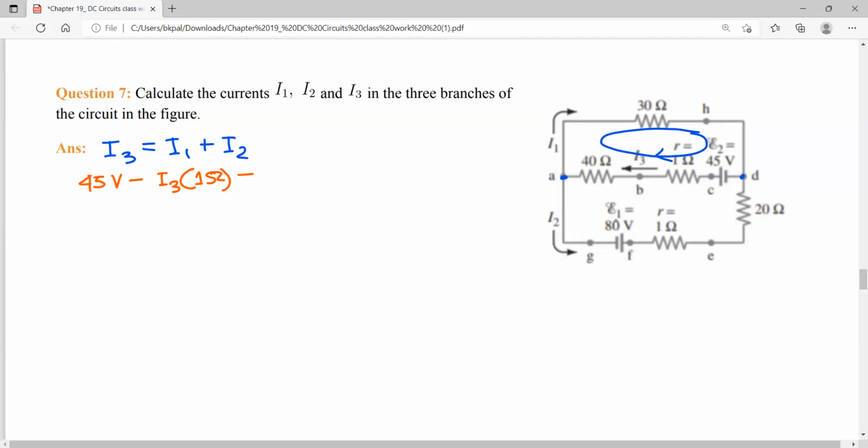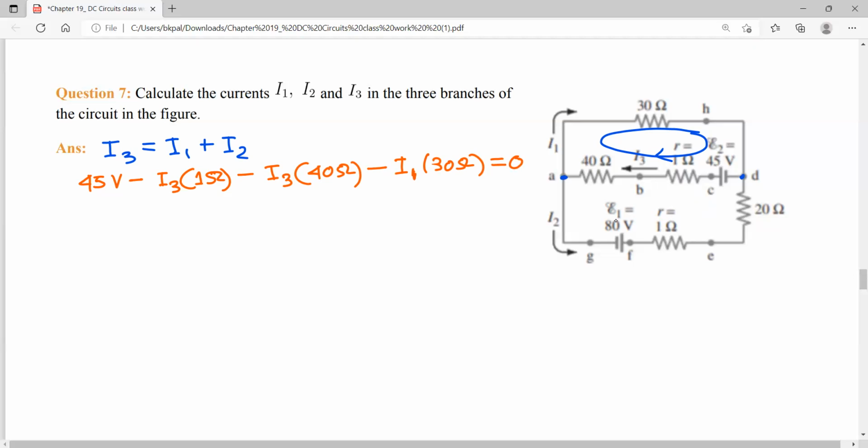The same thing for 40 ohm, a negative sign because the direction of I3 and my direction of traveling are the same. And the same for 30 ohm, but through 30 ohm the current I1 is going, so I1 30 ohm, and that is equal to 0.